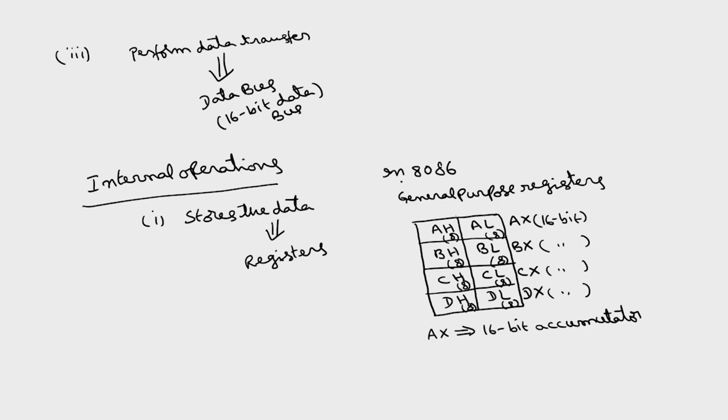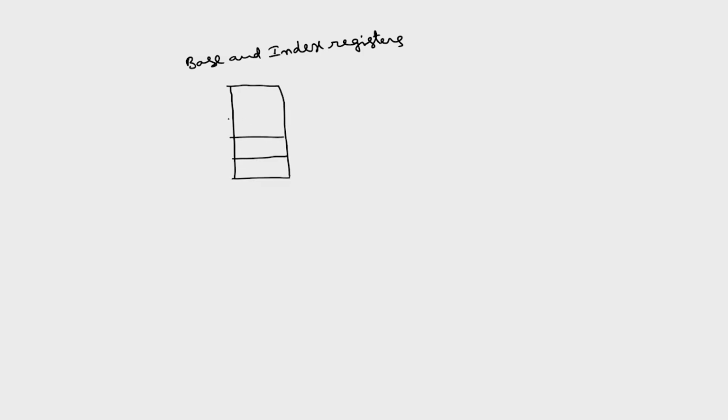There are some other registers called base and index registers. They are called 4 base and index registers, 2 base registers and 2 index registers. They are all 16-bit registers. One is called base pointer BP, stack pointer SP, source index SI, destination index DI.